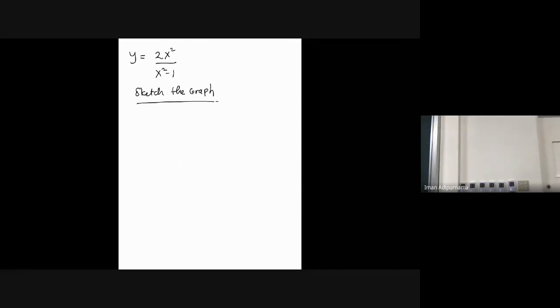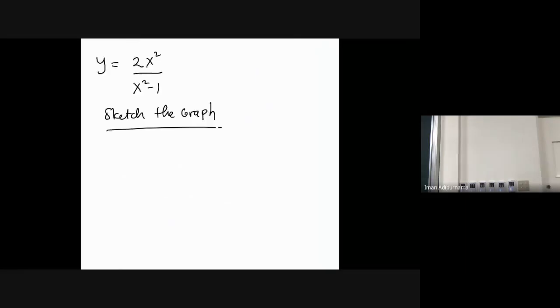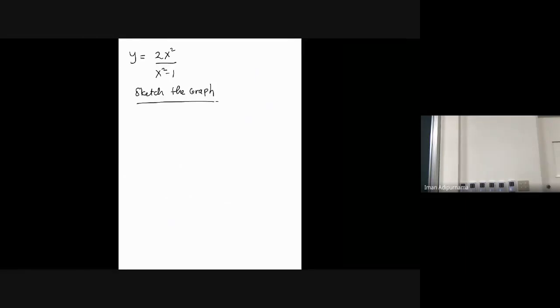Do you get it? Do you understand this? Yeah, you can solve this. But I think maybe there are some calculations you need to check here.